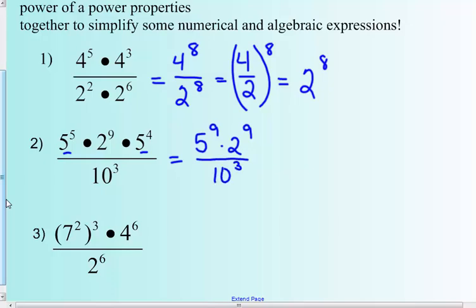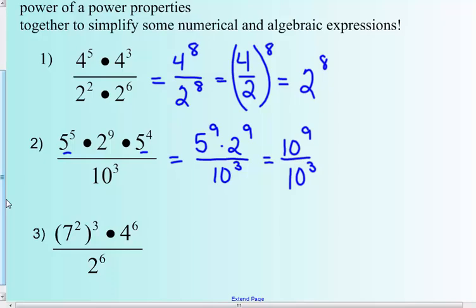That 5 to the 9th times 2 to the 9th, that's a power of a product. The power is the same, the bases are different. So yes, I can do the product first and keep that power. 5 times 2 would give me 10 to the 9th, keep that power over 10 to the 3rd.